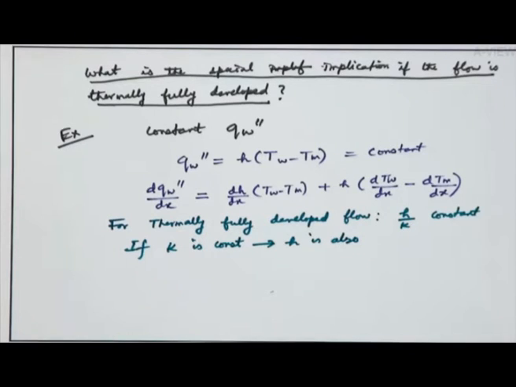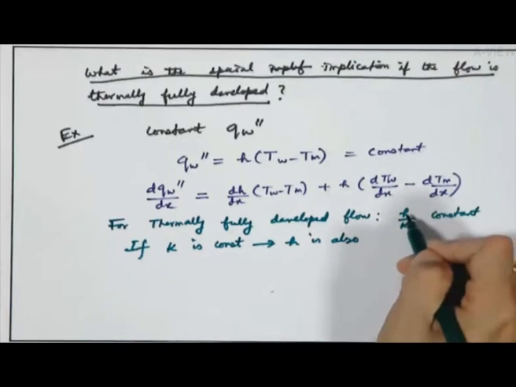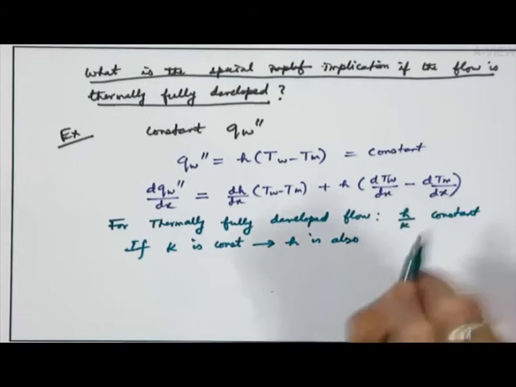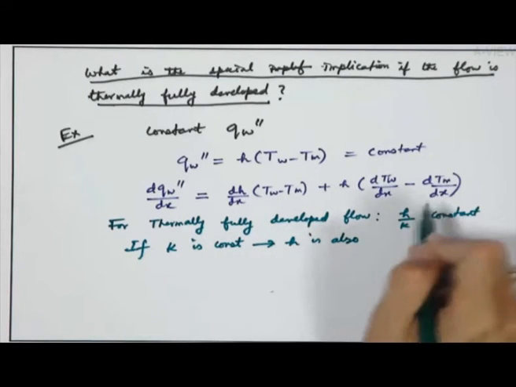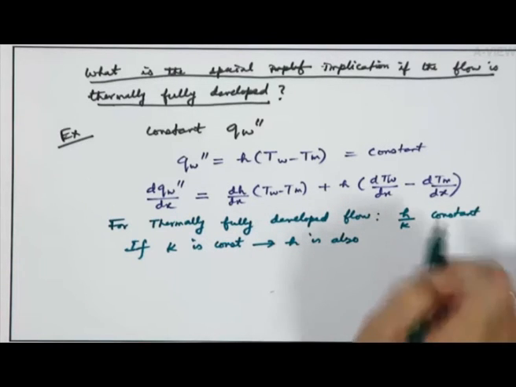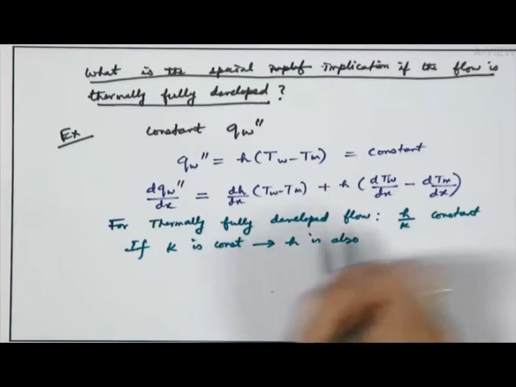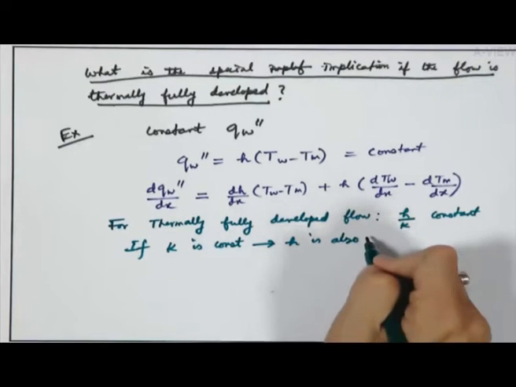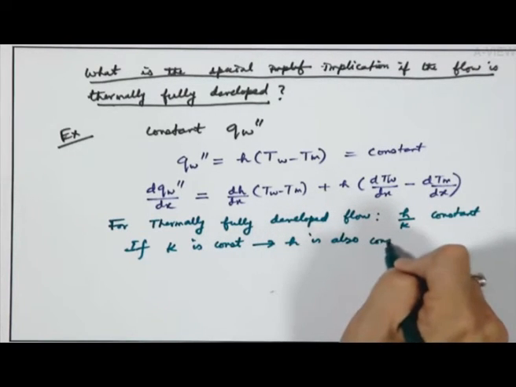It does not necessarily mean that H is constant. If K is varying, it might so happen that H is also varying similarly, but H by K is constant. So H by K is constant is a fundamental requirement of thermally fully developed flow and not H is constant. But if K is also constant, then we can say that H is also constant.